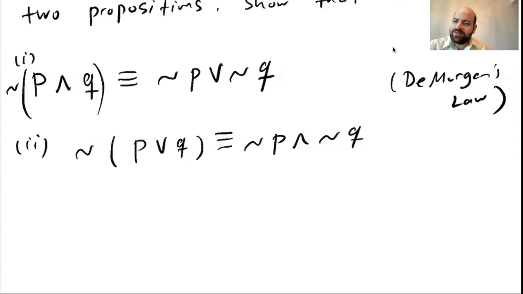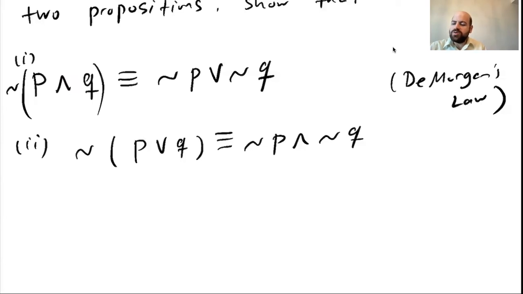As a hint again, remember, how would you show the logical equivalence of two compound propositions? It's very simple. Just use a truth table. That's the easiest way to do it. Again, I did many examples, right? So it has 4 rows.